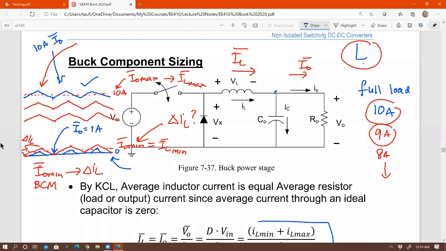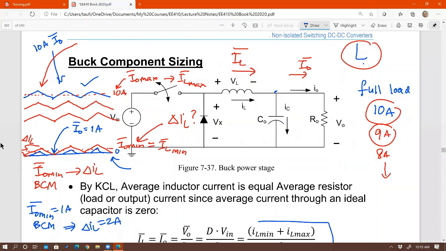What does it tell us about delta IL for a buck? 2 amps, exactly. That means if I out min at BCM is 1 amp, then delta IL must be 2 amps. Anybody have any question on that one?